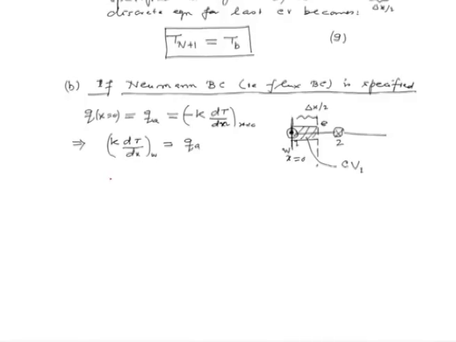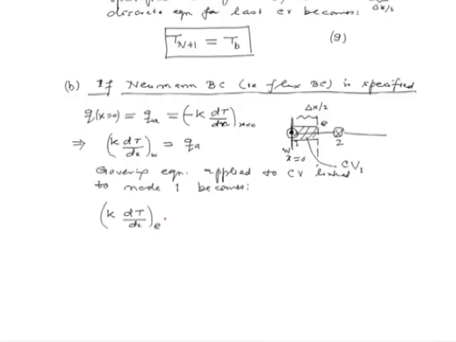So, the governing equation applied to the CV linked to node 1 becomes k times dT by dx at face E minus k times dT by dx at face W. Of course, we will have to multiply that by areas, plus q bar, where now this q bar is the average value or the value at the centroid of this control volume, into delta V prime is equal to 0.